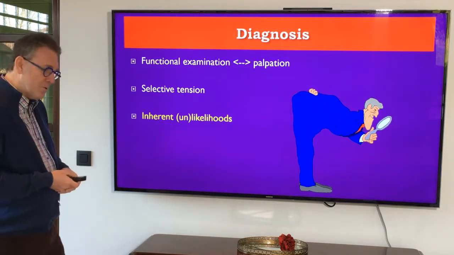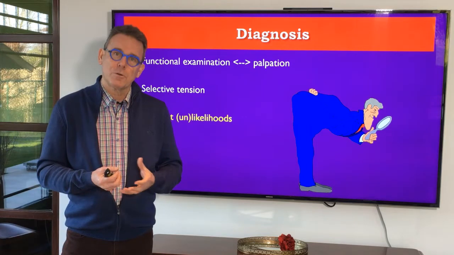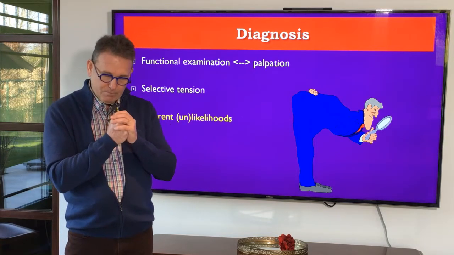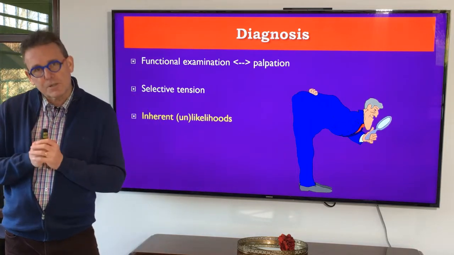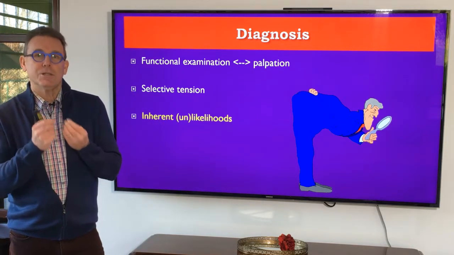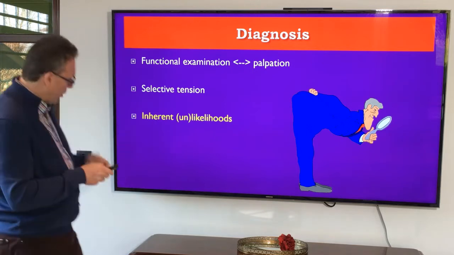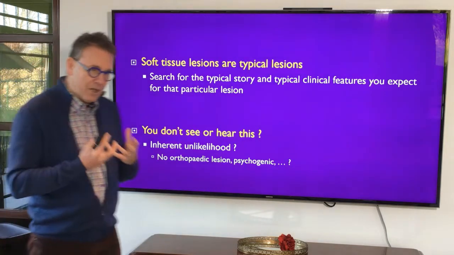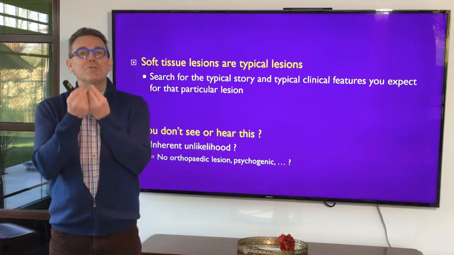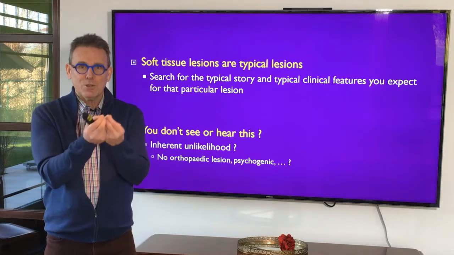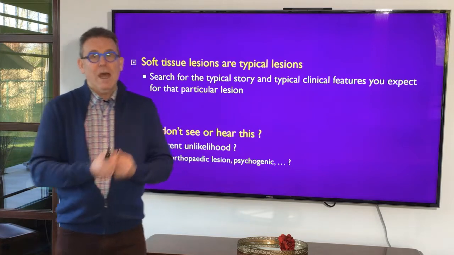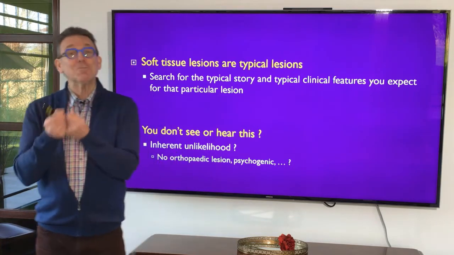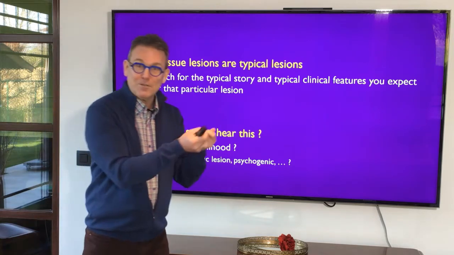Soft tissue lesions are typical lesions. We're going to hear in the story, and we're going to find in the functional examinations, typical inherent likelihoods. And what does that mean? An inherent likelihood is the typical story for that particular lesion. And the typical clinical image, remember, clusters, the typical clinical image for that particular lesion.